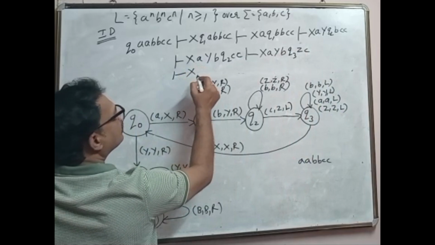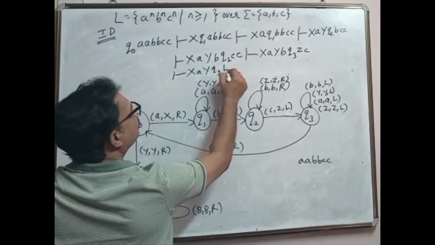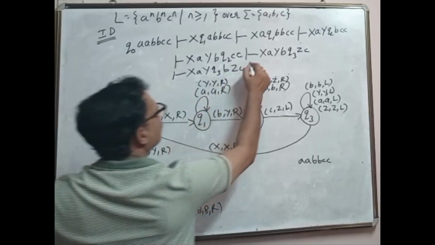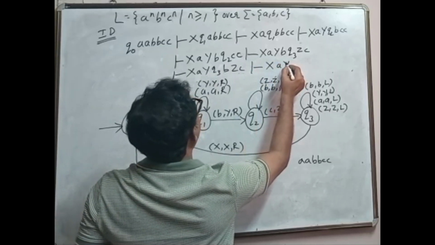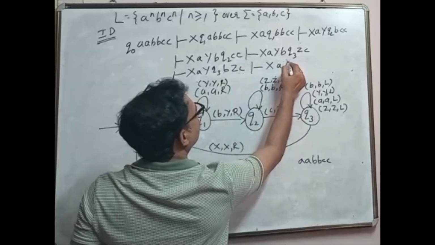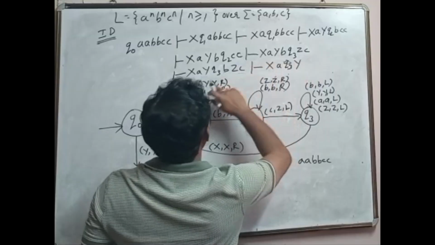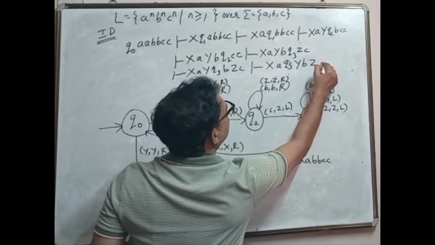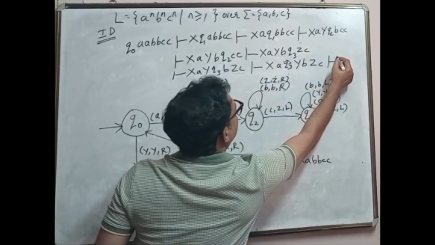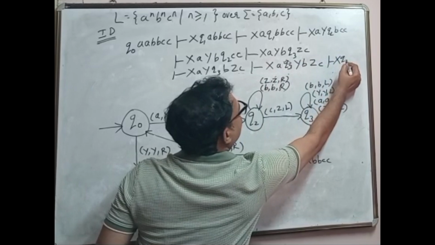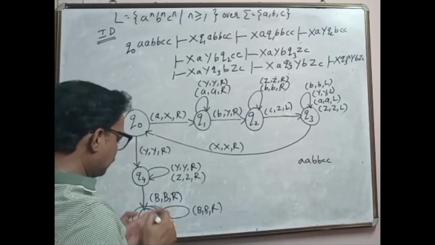So X, A, Y, Q3, B, Z, C. So you can go on writing like this: X, A, Y, not Y. Now it is making left transition. Q3, Y, okay, Q3, Y, B, Z, C, and comes back X, Q3, A, Y, B, Z, C. Okay.